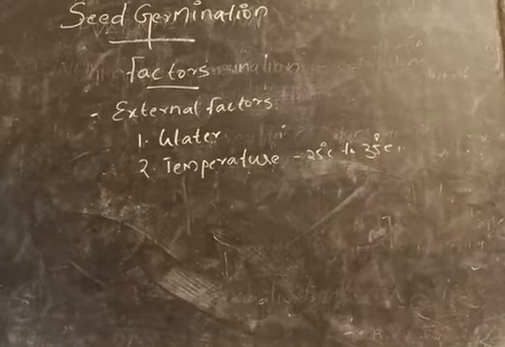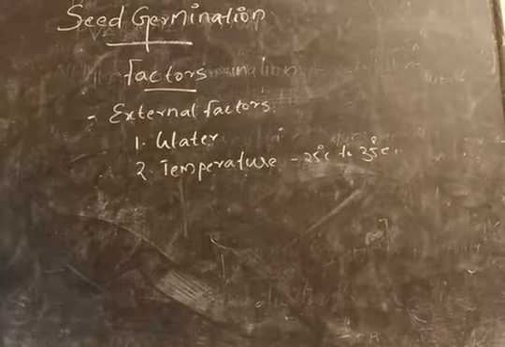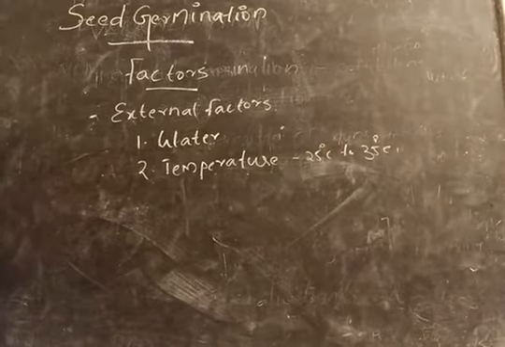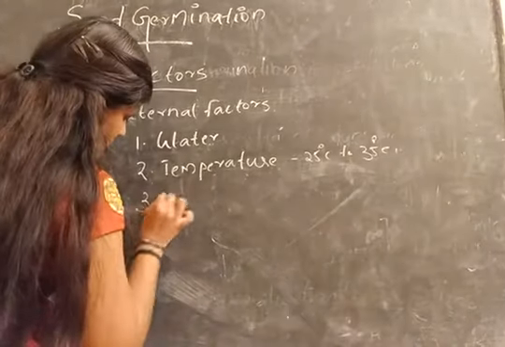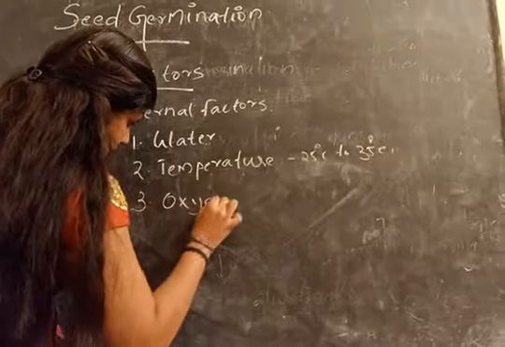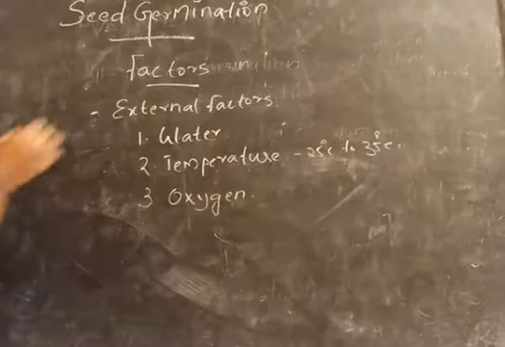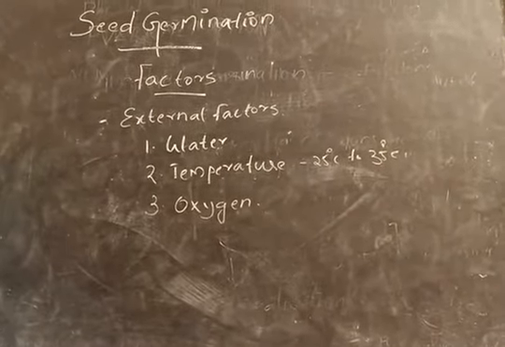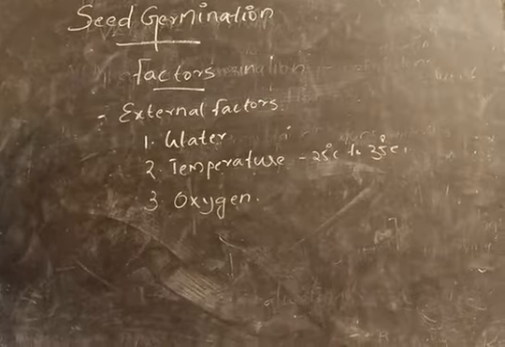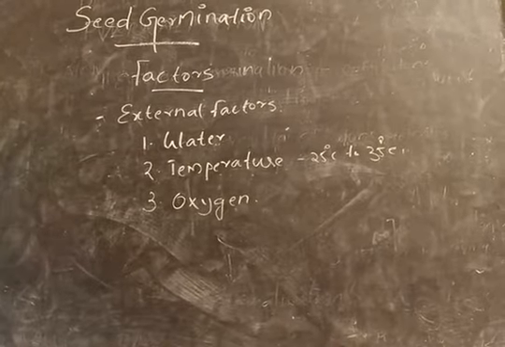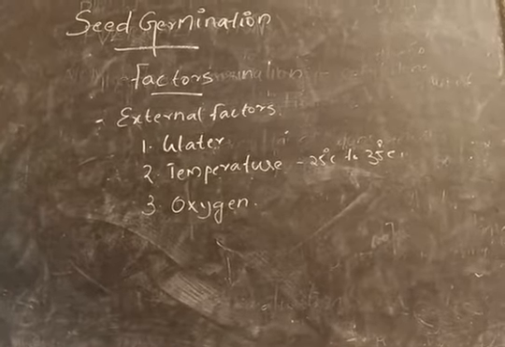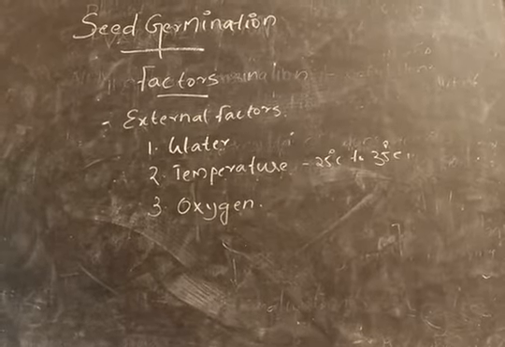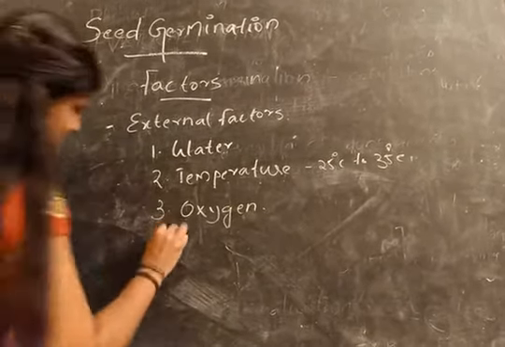The next external factor that affects germination is oxygen. For seeds, aerobic respiration is required for germination. So oxygen is necessary for the germination of seeds. Then, light.